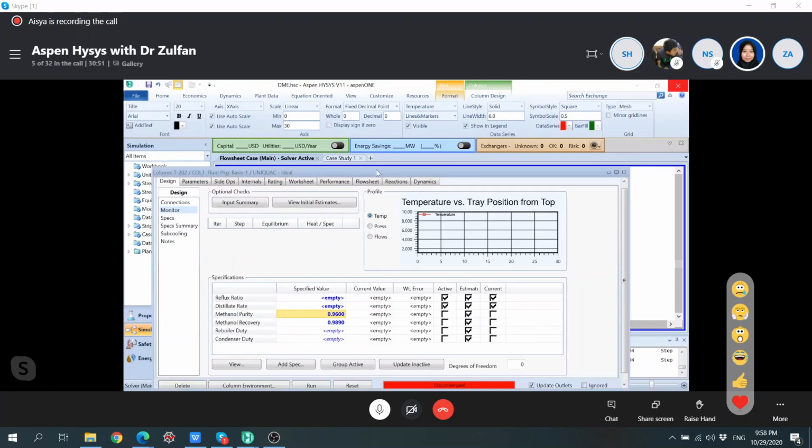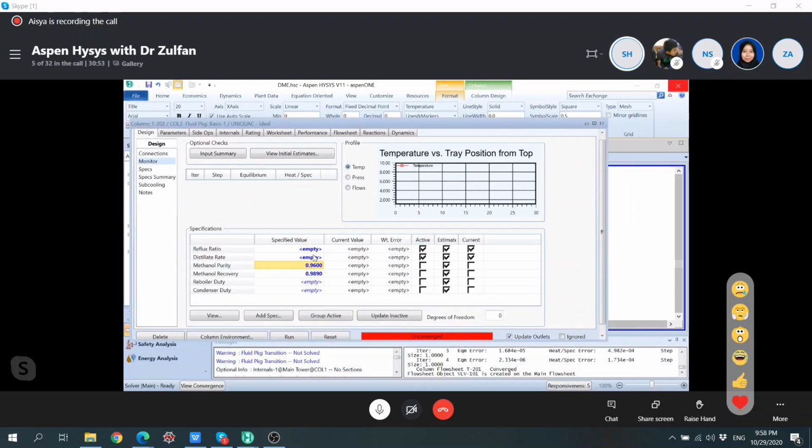Okay. So now in this case you make active the reflux ratio and distillate rate, but you don't specify any value yet, so it cannot run, right? It's all still empty, this reflux ratio and distillate rate.